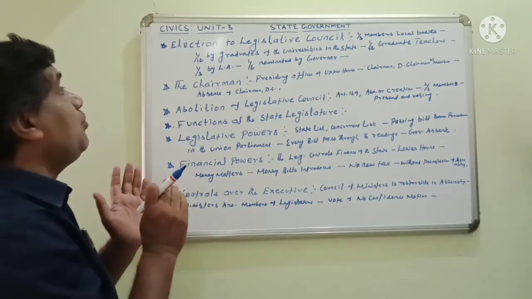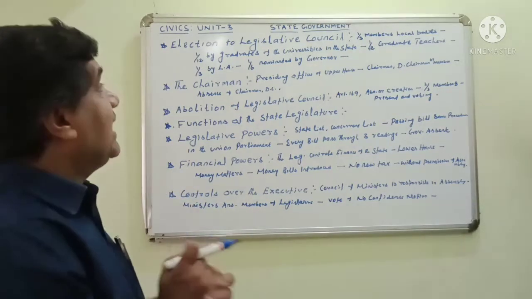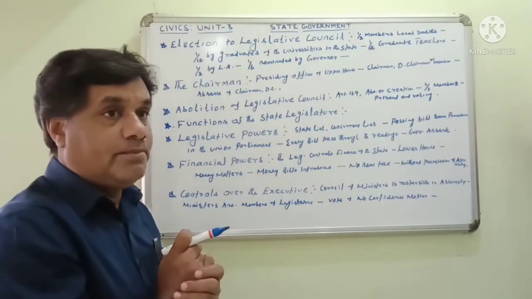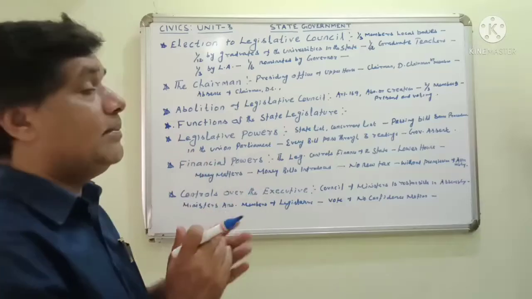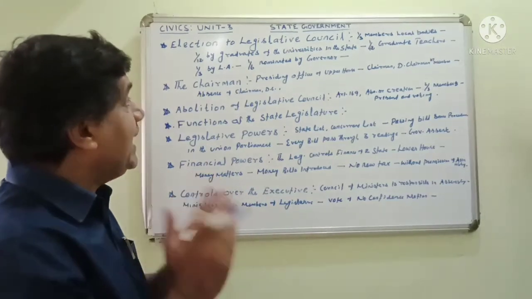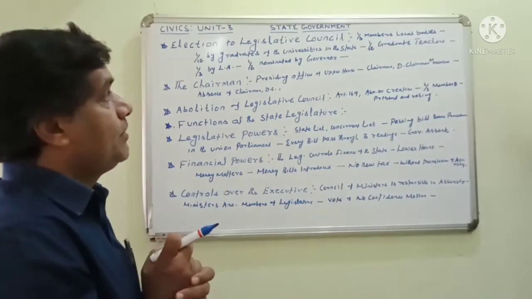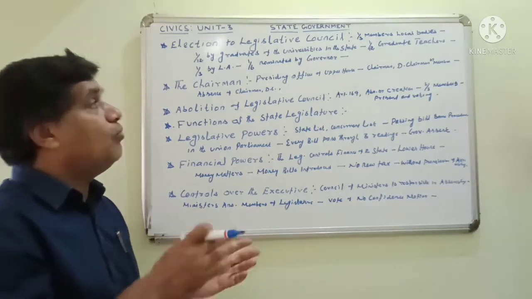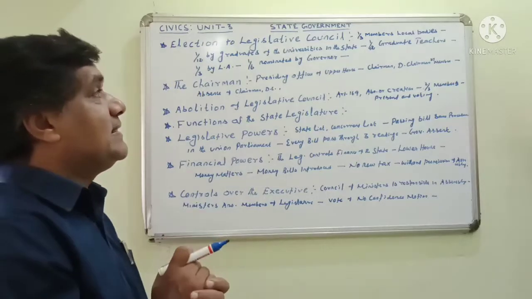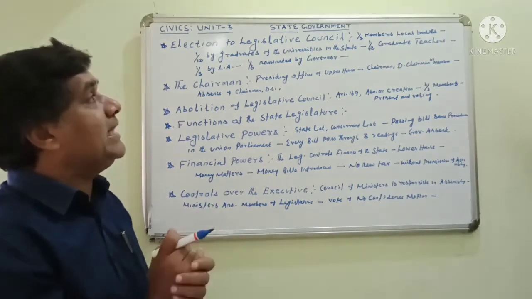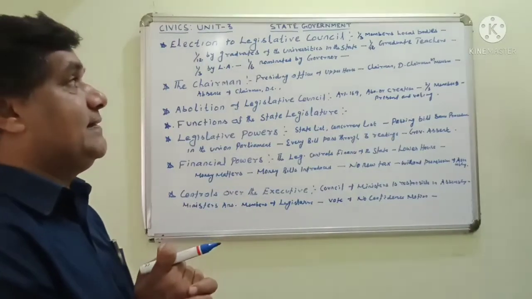And 1/12 members are elected by the graduates of the universities in the state. Then 1/12 members are elected by the graduate teachers.